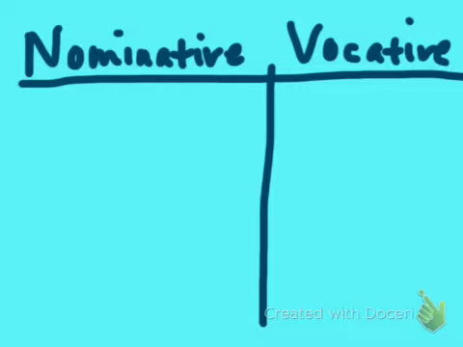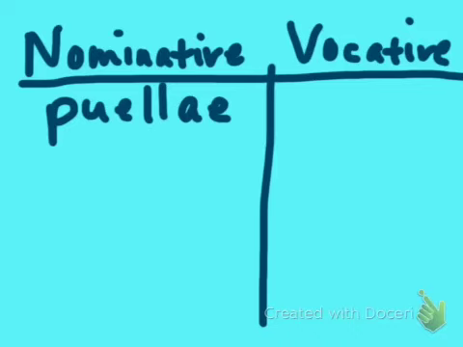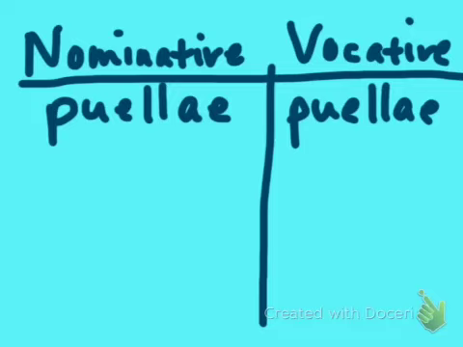So now if we look at plural examples, you might call a bunch of girls and say, "Girls, it's time to settle in for bed." Well, that would just be puellae, same as the nominative.